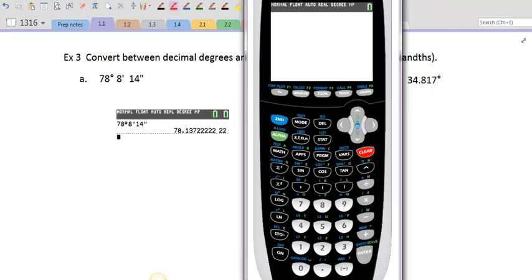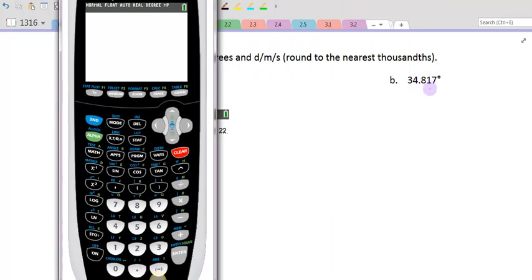Now let's do that again. Only this time I'm going to take my decimal degree value and convert it into the degrees, minutes, and seconds. So we put in, just like we do a normal calculator, 34.817, and I want to convert it using the angle menu one more time.